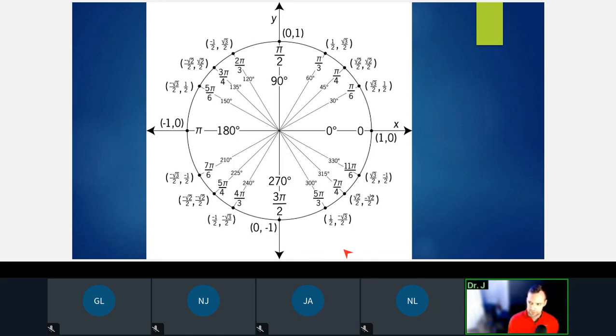When I taught this course in person many, many years ago, I would teach all of you how to memorize this. And for your test, I would give you a blank unit circle, and your job was to fill out this unit circle from memory and then use it on your exam. And you may say, hey, that sounds really difficult.